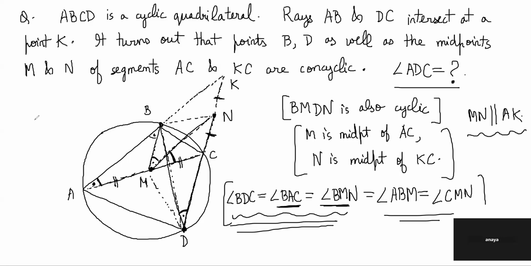So what now? Oh, so BM is equal to AM is equal to MC. Then what?